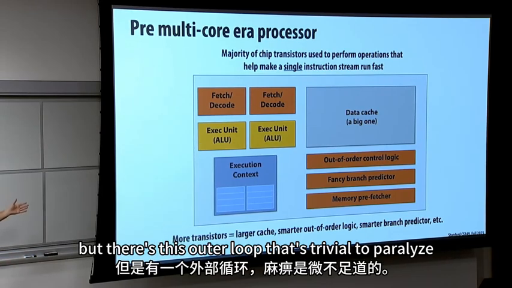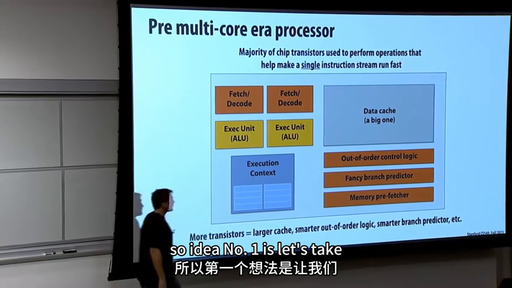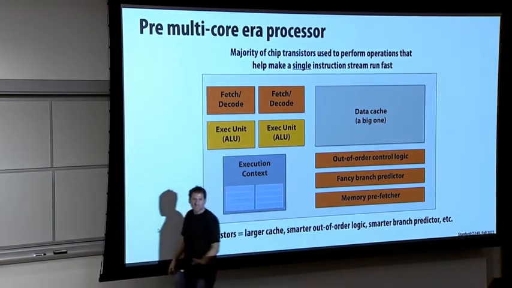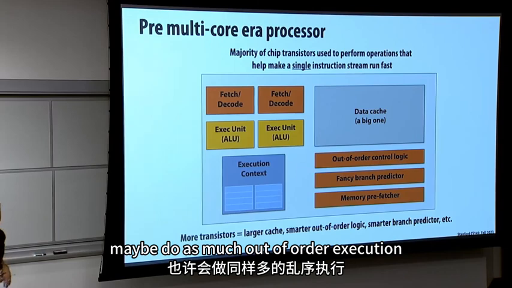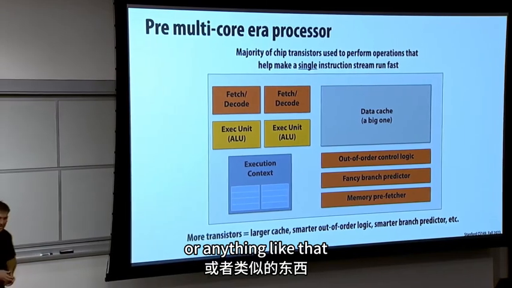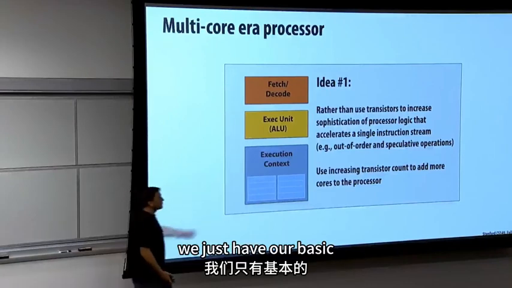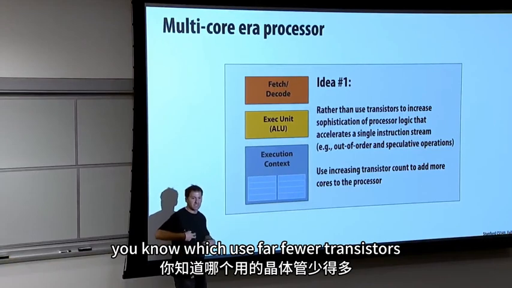But there's this outer loop that's trivial to parallelize. So idea number one is, let's take some of this fancy stuff out. Maybe a little bit smaller data cache. We're not going to do as much out of order execution or anything like that. If we clear all that stuff out, we just have our basic processor, which needs far fewer transistors.